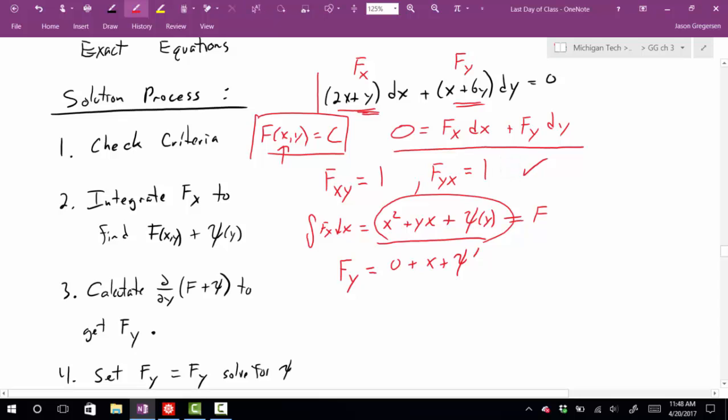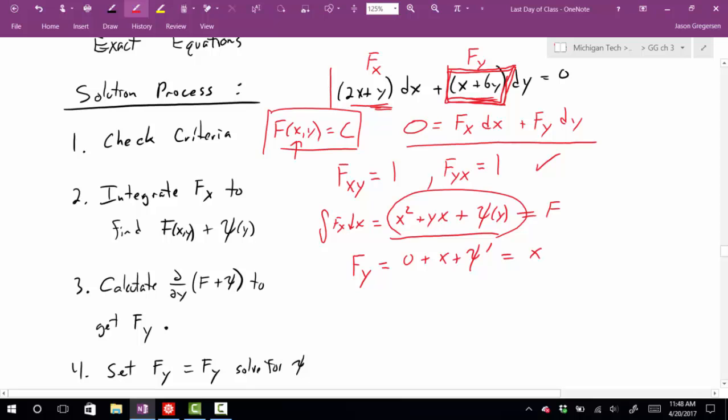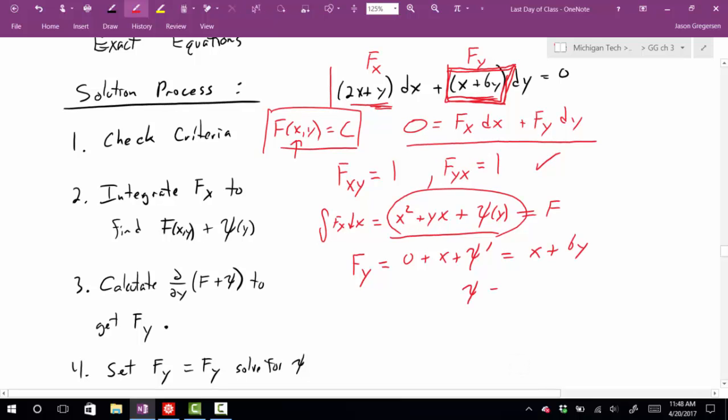But wait a second, I have another one up here. This is also supposed to be the partial with respect to y. So I can set those things equal to each other and solve for psi prime. Looks like psi prime should be 6y. It better be just a function of y. If it's not, I made a mistake.